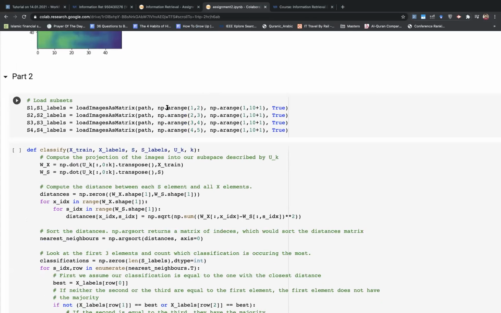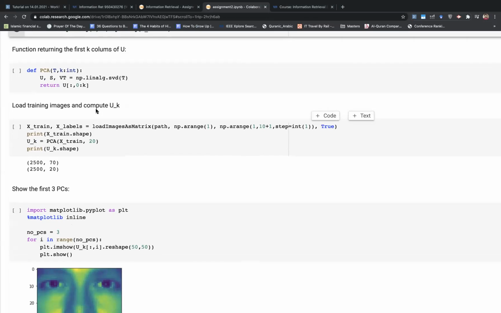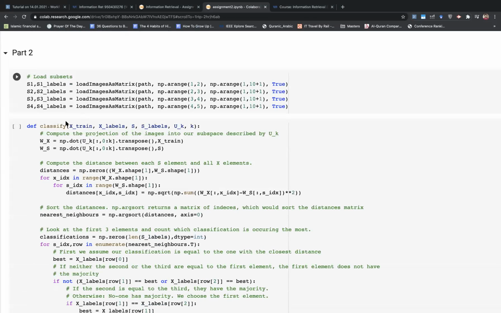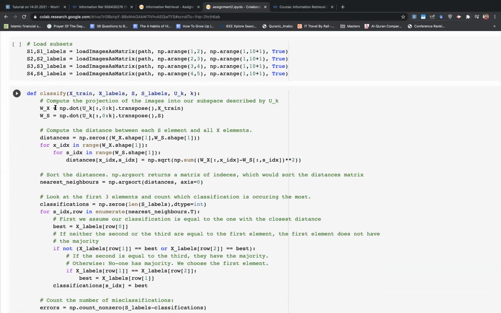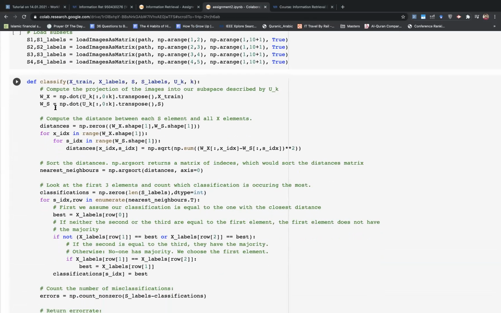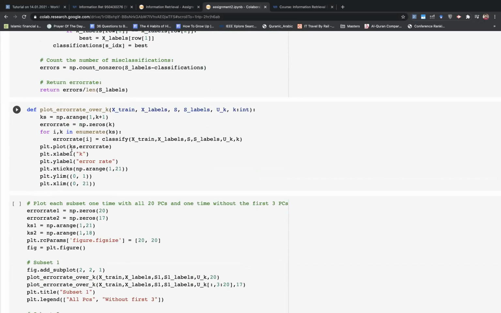So what we are doing here is that we first load the subsets S1, 2, 3, 4 as matrices, similarly as we loaded X train and X labels there, right? Then this is one implementation of how you could calculate the classification loss, or classification error rate to be precise, and then how to plot that.